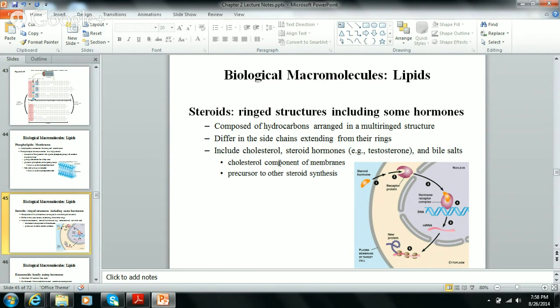And you'll notice that if it's a steroid, it's made up of rings. It's a really big molecule drawn out on a piece of paper, and most of it is made up of little rings, five carbon rings and little 6 carbon rings. There's all these little rings, and they're all connected to one another.